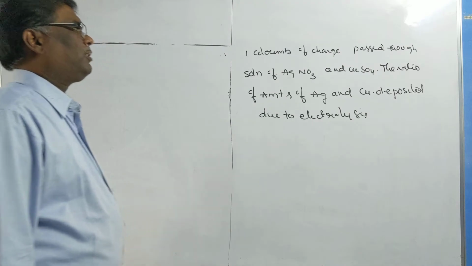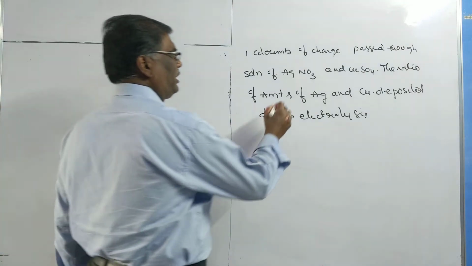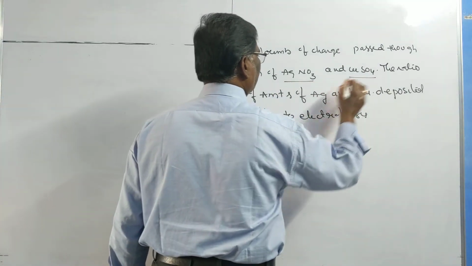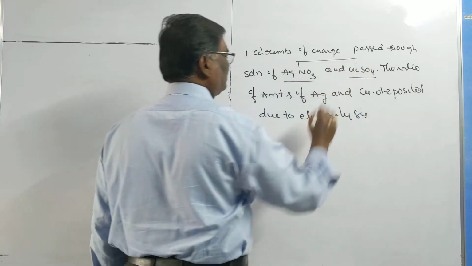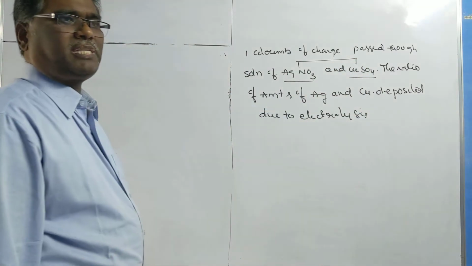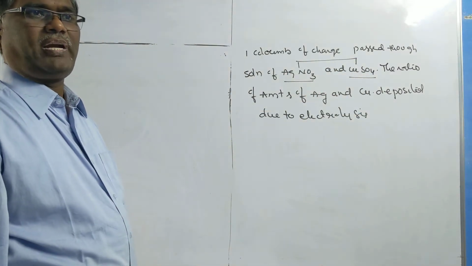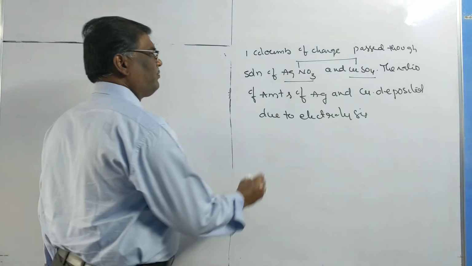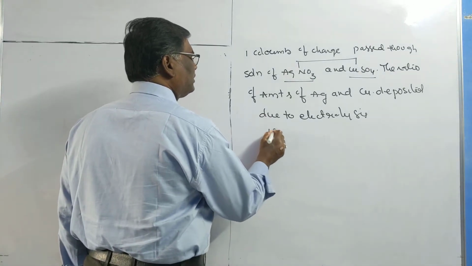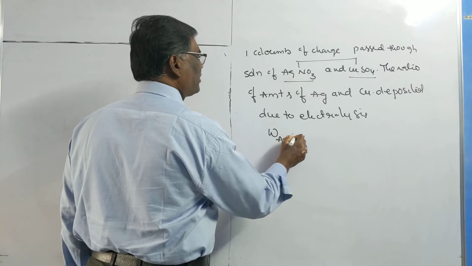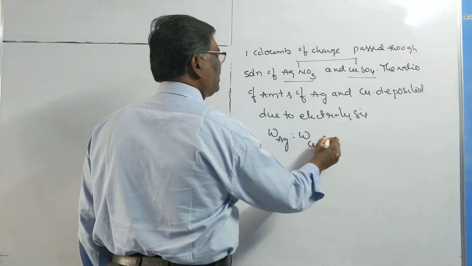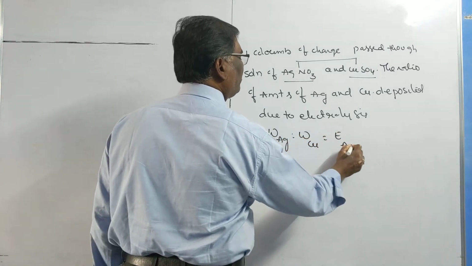Now this is the problem given. Here is a comparison of two elements, copper and silver. Comparison of two elements gives an idea about the second law of Faraday. According to Faraday's second law, the ratio of weights deposited is equal to the ratio of their equivalent weights.